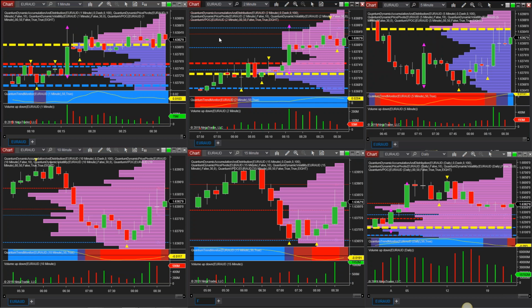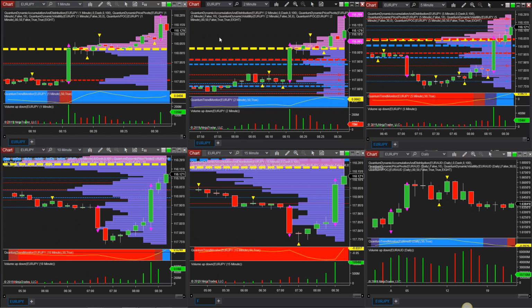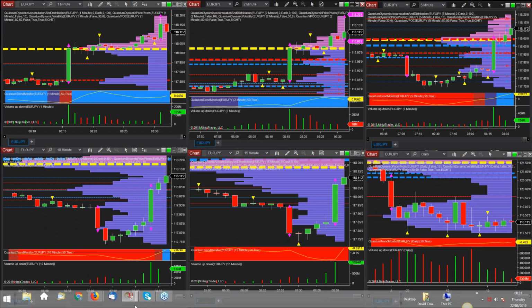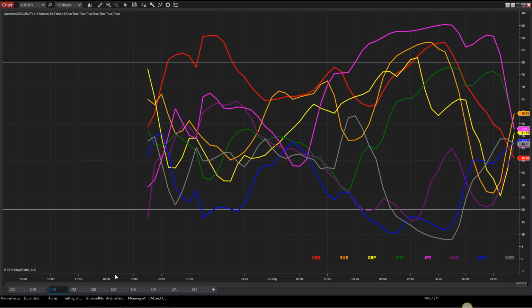Let's have a look at euro yen. Okay. Let's have a quick look at the CSI, see what's going on there. See if we look for some reversals. This is on 15. That was the yen selling that we're seeing on the yen index, which I mentioned earlier on. So you know, that will be reflected in terms of sentiment.